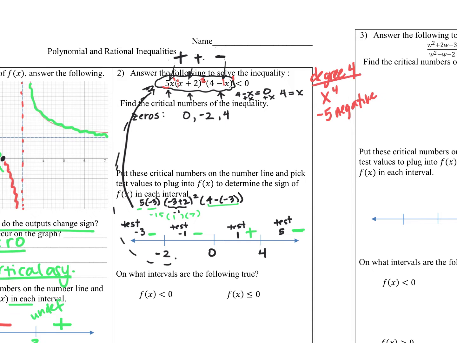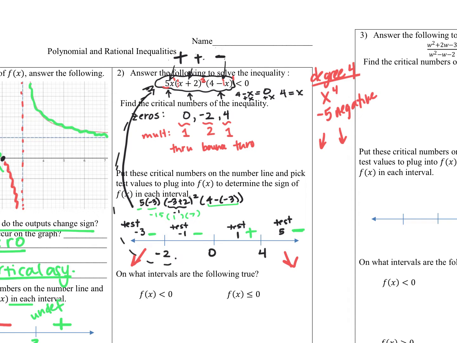And if we're degree 4, then we know our end behavior. So if I sketch that onto this little number line, and again, thinking about multiplicities, the x equals 0, that was a multiplicity of 1. Negative 2 was a multiplicity of 2, and 4 was a multiplicity of 1. So remember, we go through if it's an odd multiplicity, we bounce if it's even, and then we go through again if it's odd.